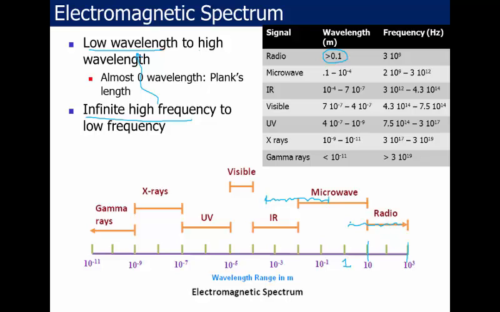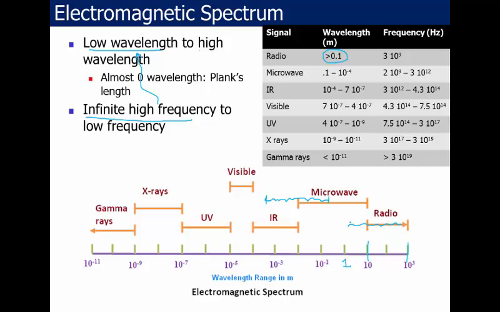Look at this approximately. This is not really accurate, but somehow they are related in this way. X-ray is here, 10 to the power 9 somewhere. It should be shifted a little bit. This is in meters, and that is also in meters.